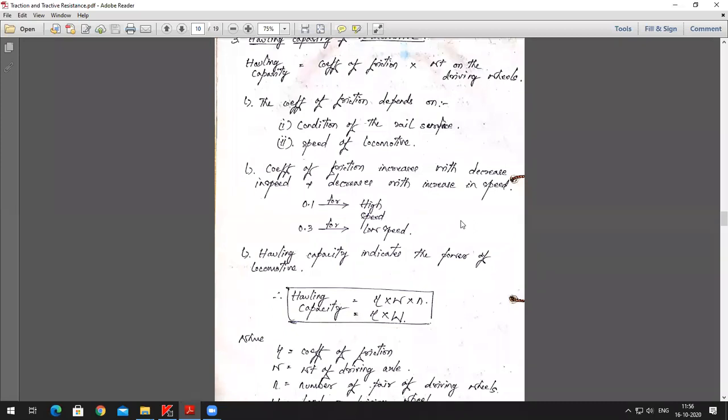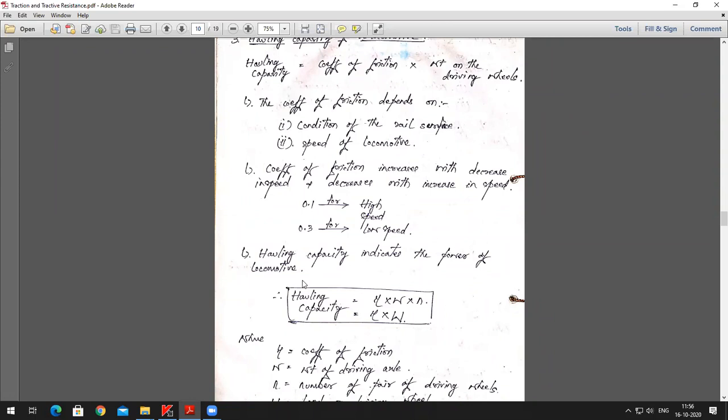Normally the two-wheelers we have will have 21 horsepower or 28 horsepower or even 30 horsepower, depending on the vehicle, right? And cars will have around 85 horsepower or 110 horsepower, etc. So this horsepower is nothing but the hauling capacity that the vehicle can accommodate when it is about to move.